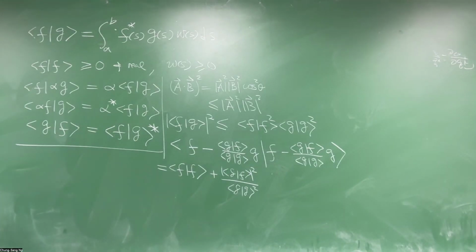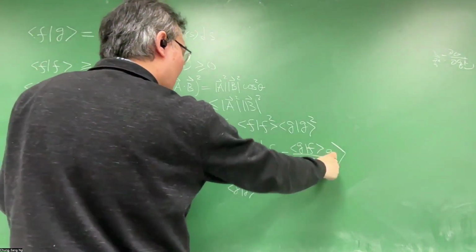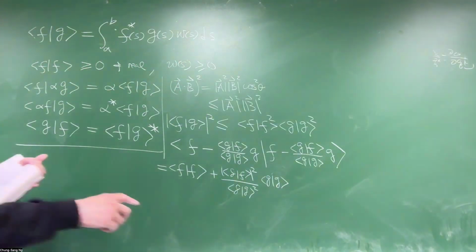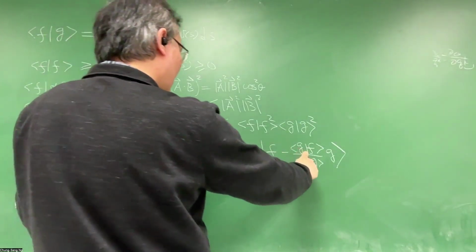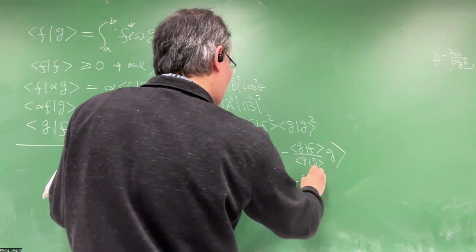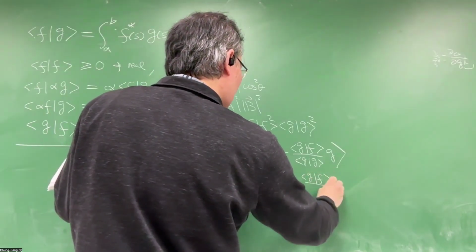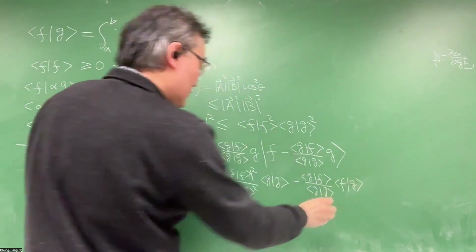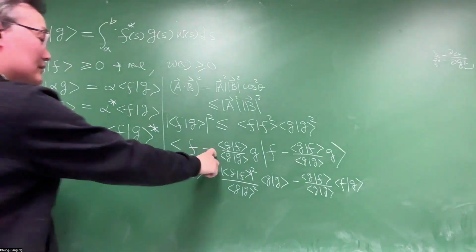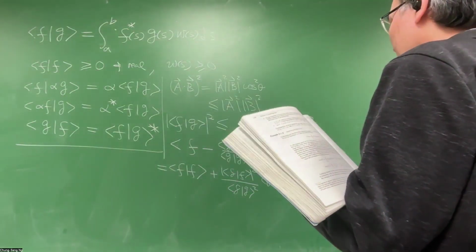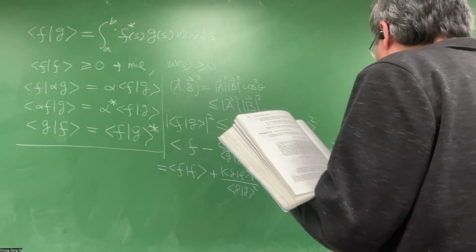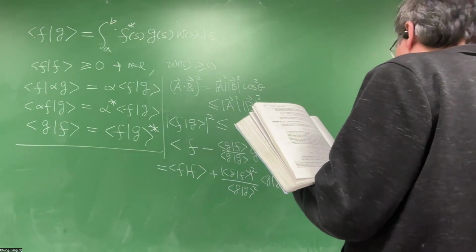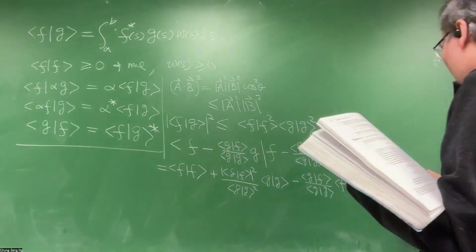Right. And then this and that, they are constants. So minus, and then this and that is minus, that's the conjugate, and then this and that is G.